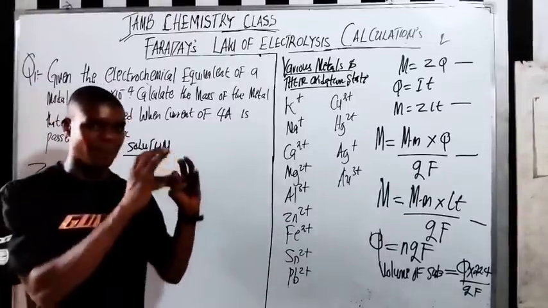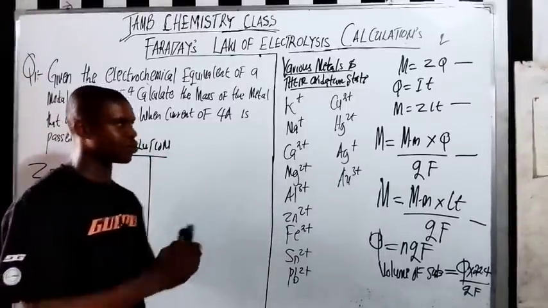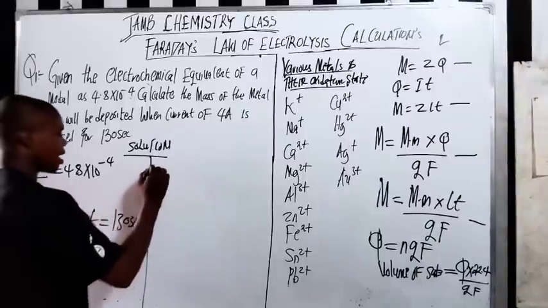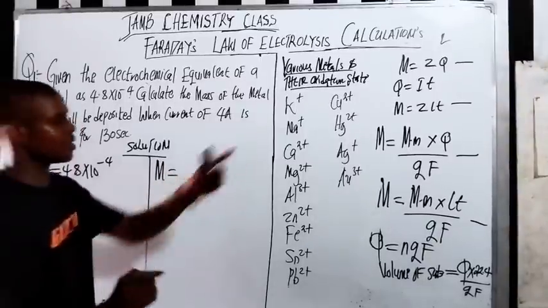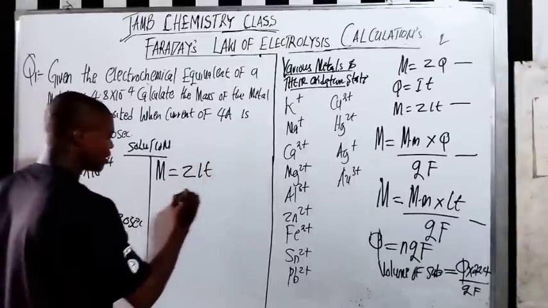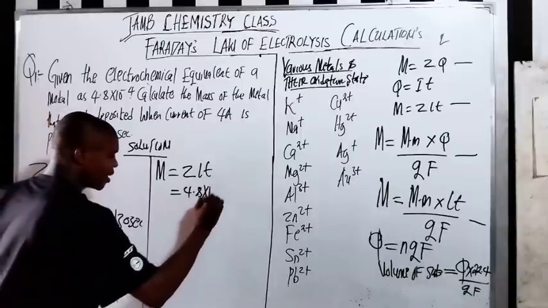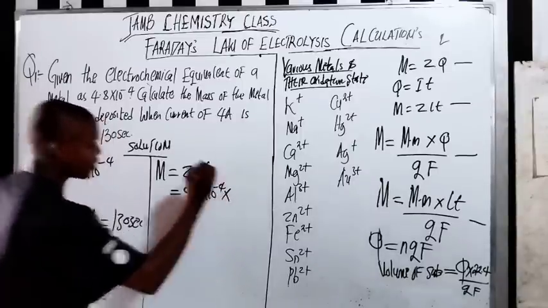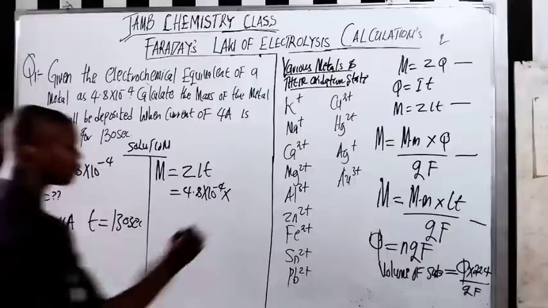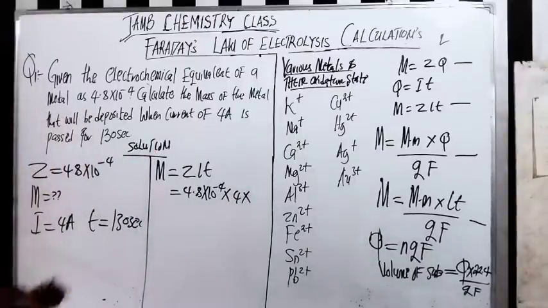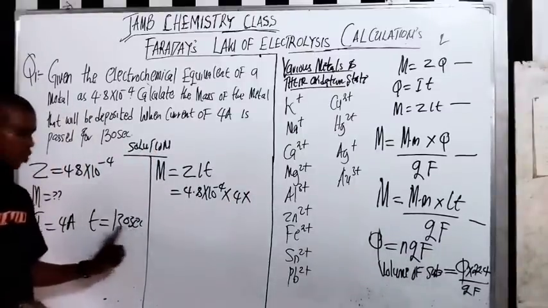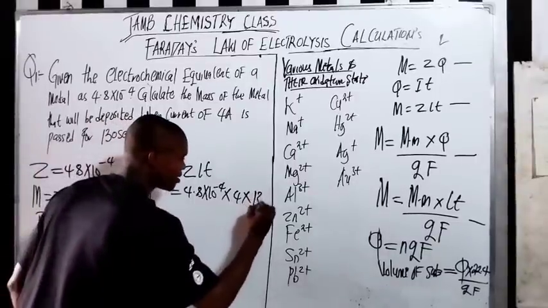Once you see the question, write out the parameters, then know the formula to make use of. So here M equals ZIT, where Z is 4.8 × 10⁻⁴, times I, which is 4, times my time, which is already in seconds, 130.